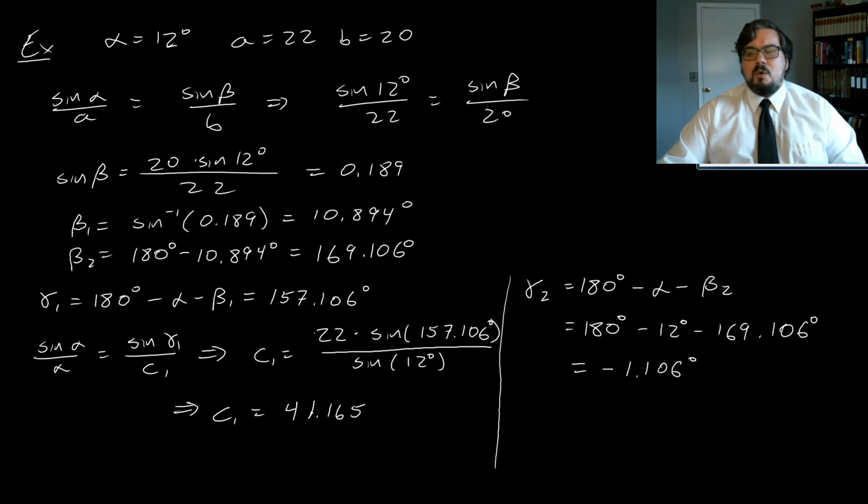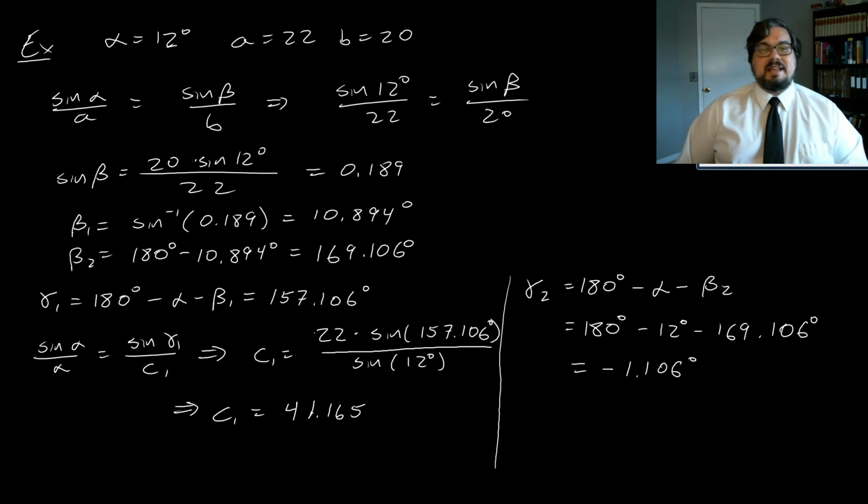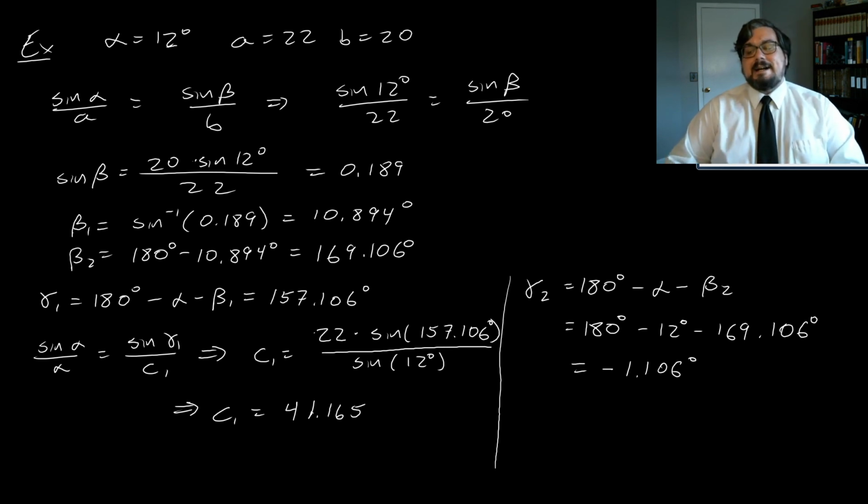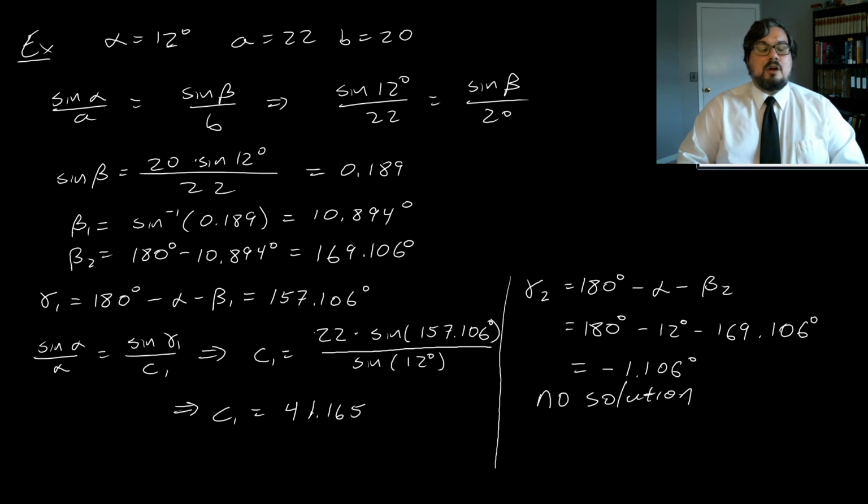Now, we know how to handle negative angles in a general sense in trigonometry. However, negative angles do not make sense in the context of solving a triangle. It doesn't make sense to say that a triangle has an angle of negative 1.106 or something like this. And so this means that we have no solution here, which means that our beta 2 possibility back here actually doesn't work.